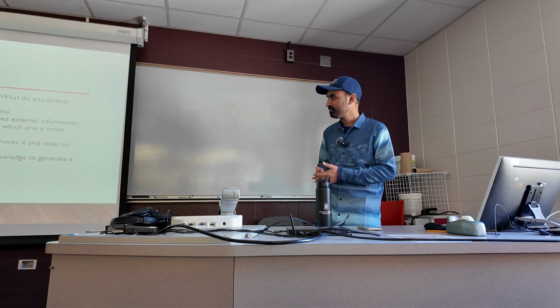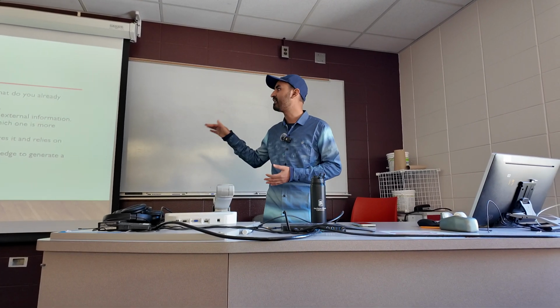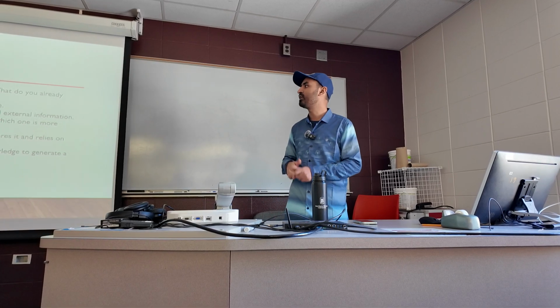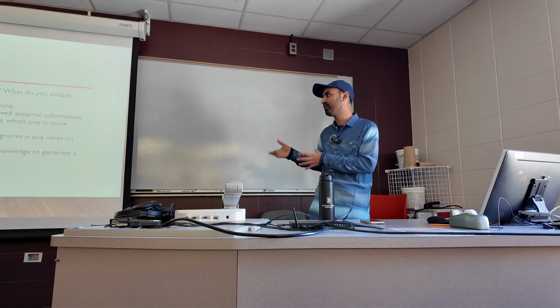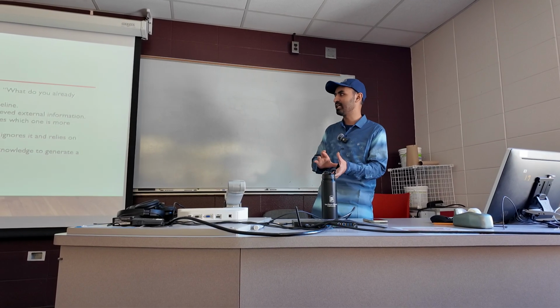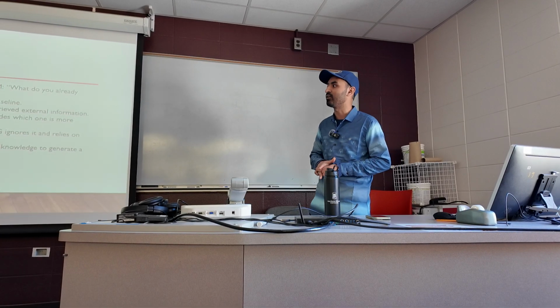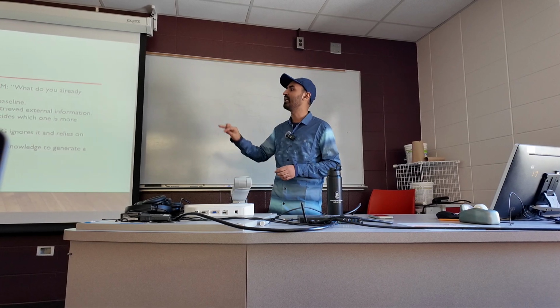So the approach combines the LLM's internal knowledge with the retrieved external information. It carefully checks for conflicts between the 2 sources and decides which one is more reliable, whether the LLM or the RAG information. If the retrieved information is irrelevant or missing, it ignores it and relies on the LLM's internal knowledge.